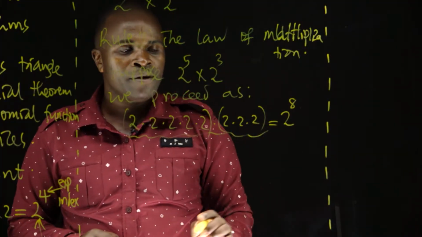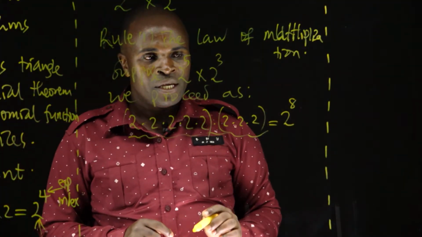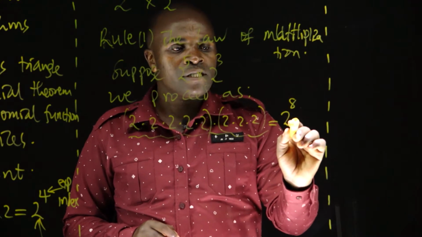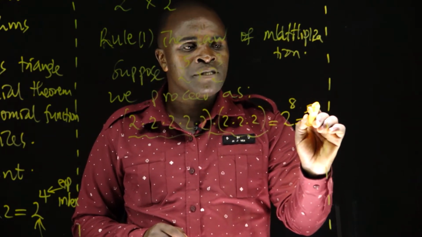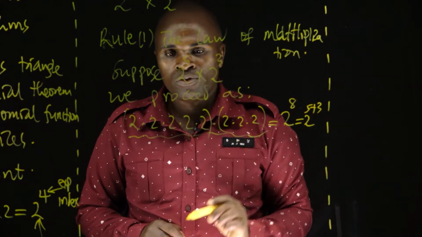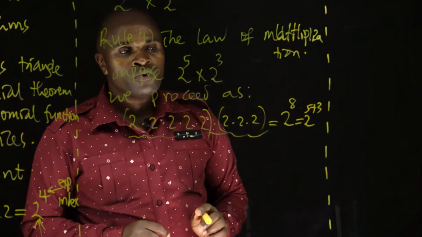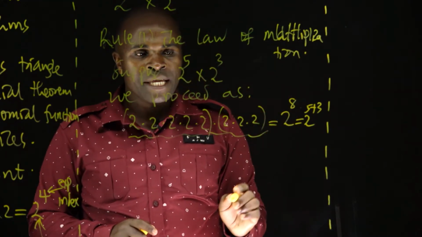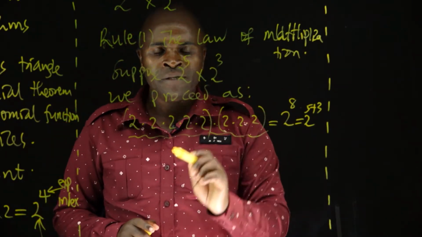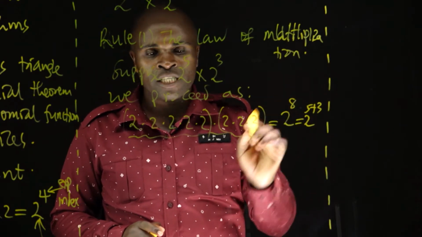Checking carefully, this 8, class, is simply the same as saying 2 power 5 plus 3. Now, what do we deduce from this part? We simply deduce that when multiplying numbers of the same base, we simply add the exponents.